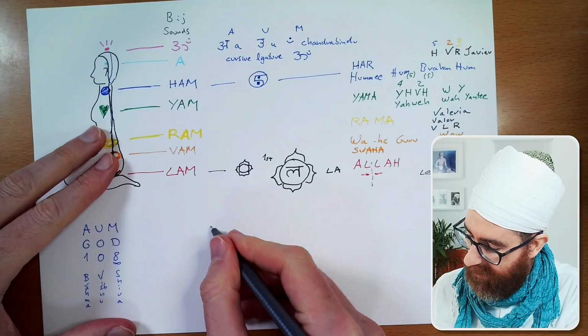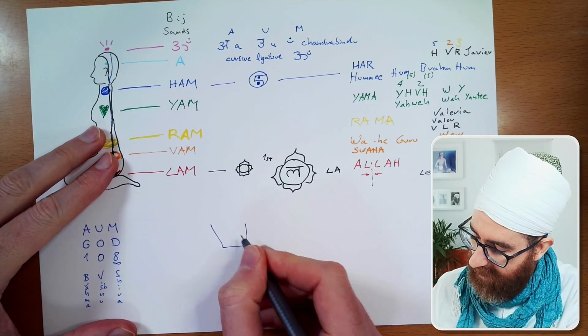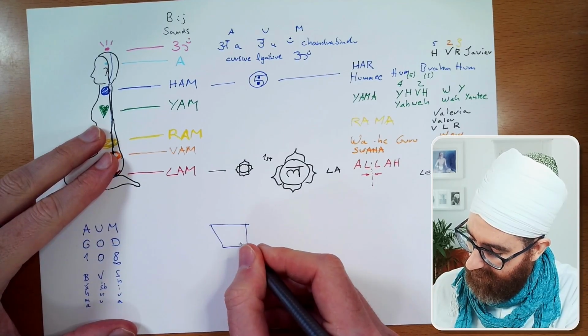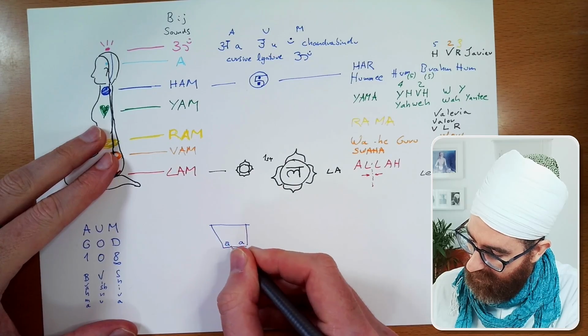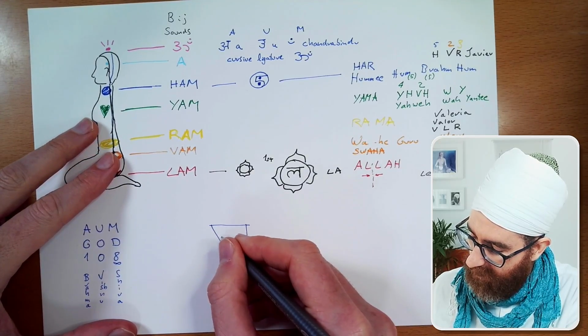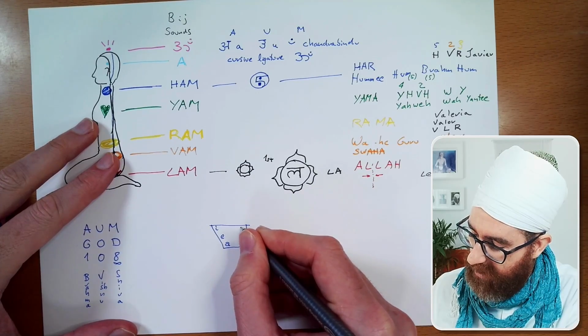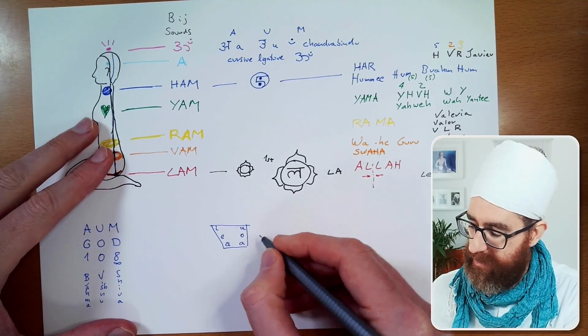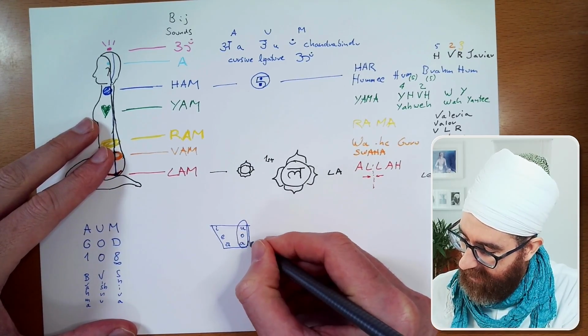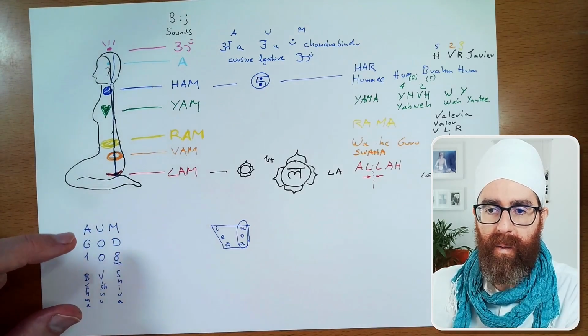Let me write it again. This little diagram of the A, and then going forward would be towards the E, going upwards would be towards the U. Yeah, so this "ow" would be the sound of "Om."